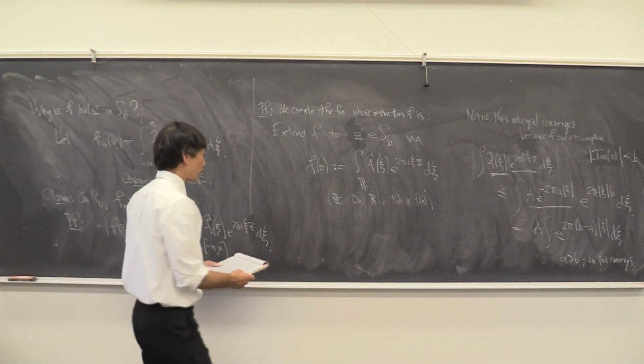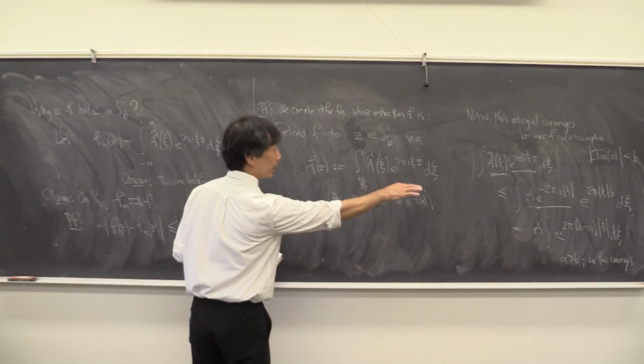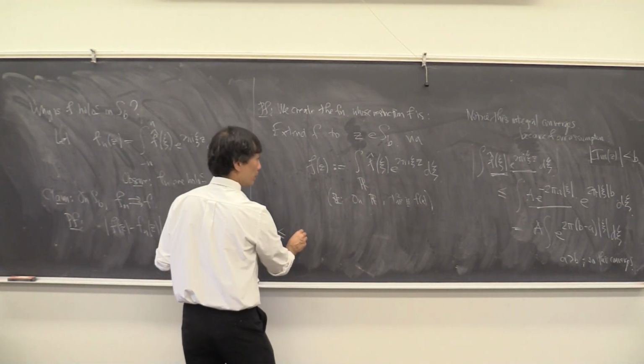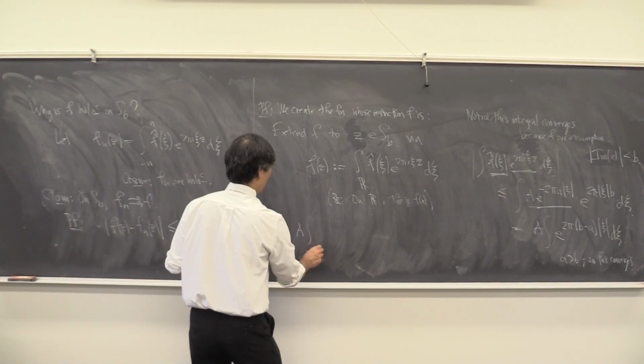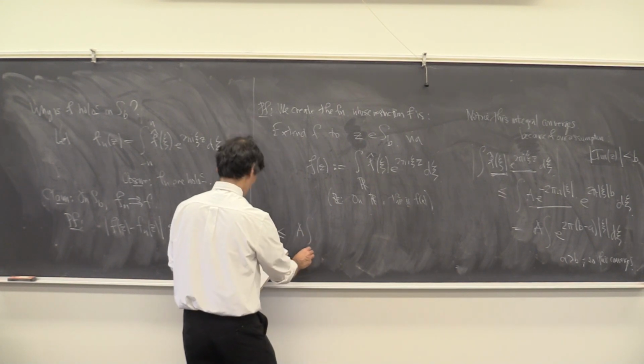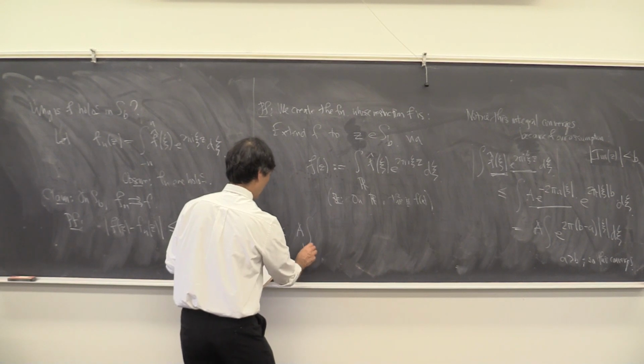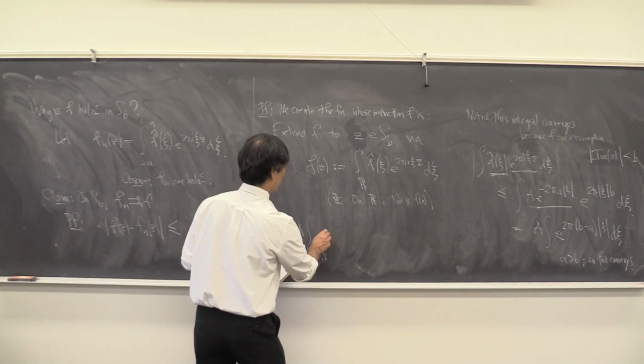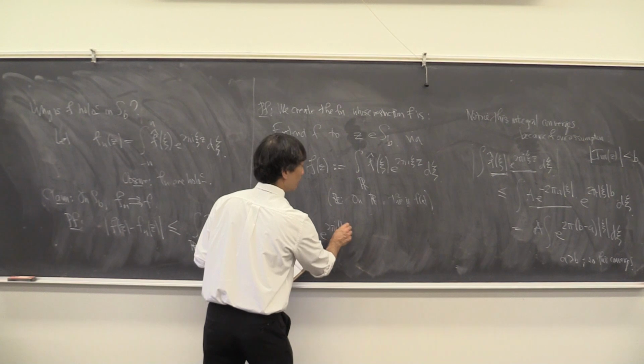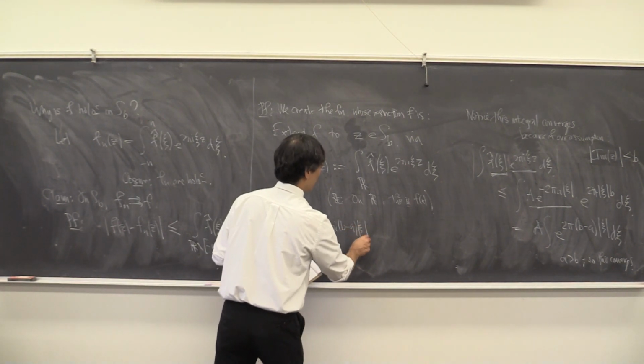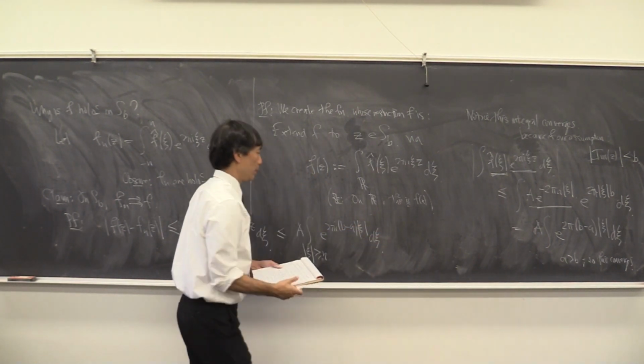Then we run through the same thing as before. We get that bound over there, so we get the integral for |c| bigger than n of e to the 2 pi (b minus a) |c|.